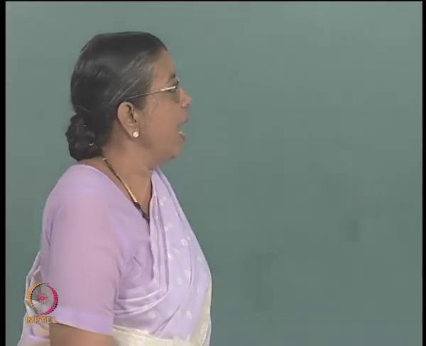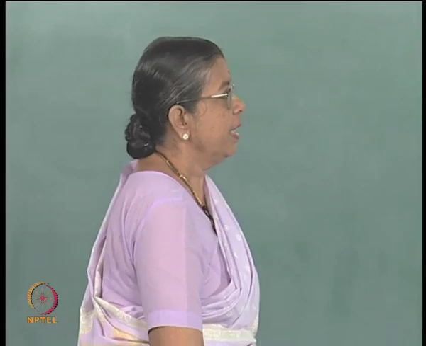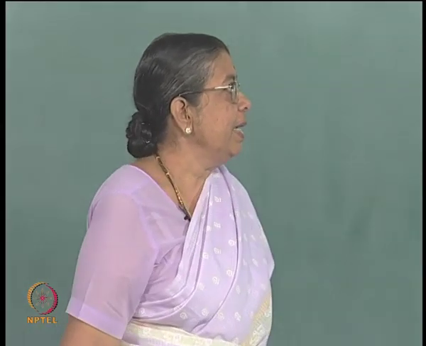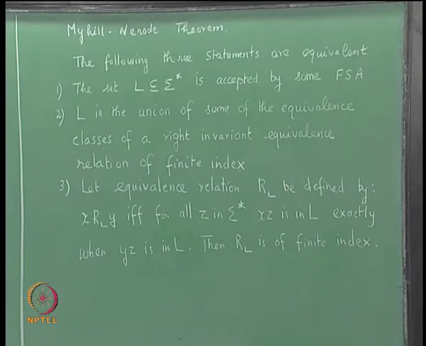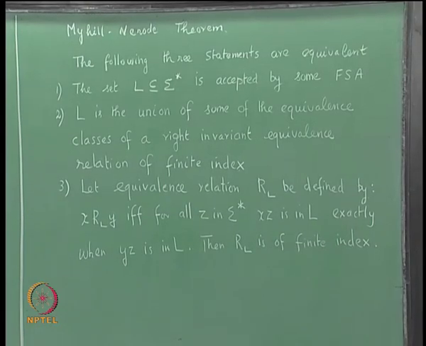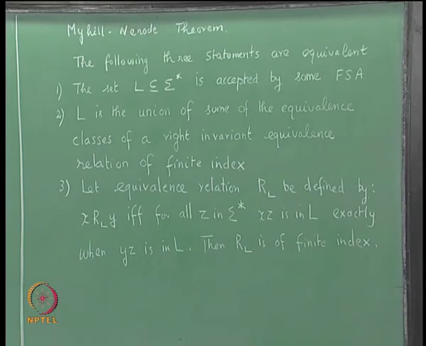So, what we have to show is that the set L contained in sigma star is accepted by some FSA implies that L is a union of some of the equivalence classes of a right invariant equivalence relation of finite index. That is the first portion of the proof we have to show.